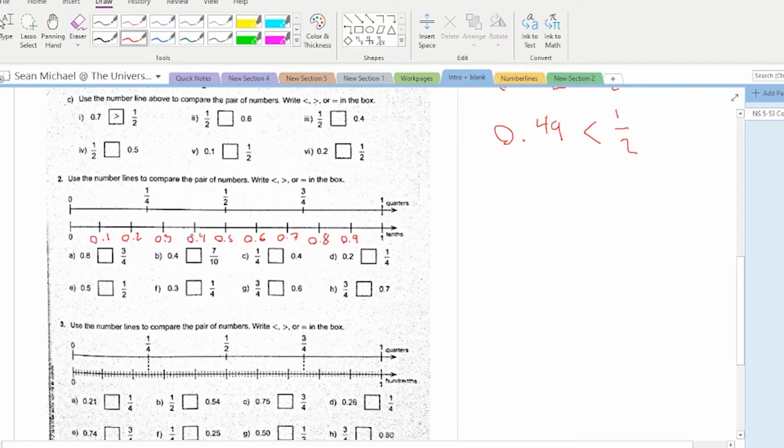So we see here that all the decimals are in place, and that 4 quarters makes a whole, and 10 tenths makes a whole.